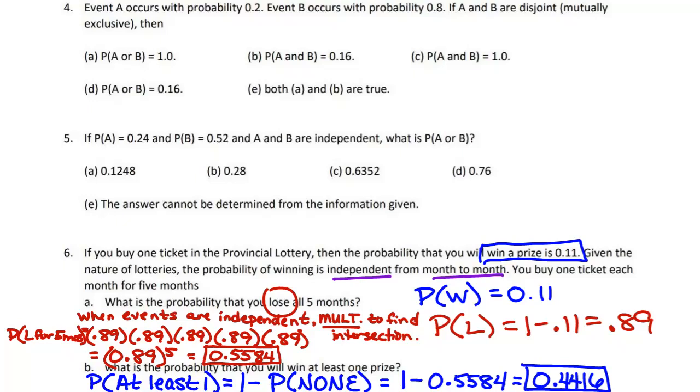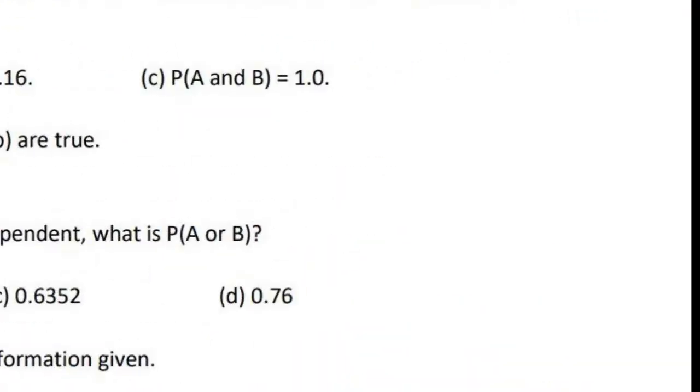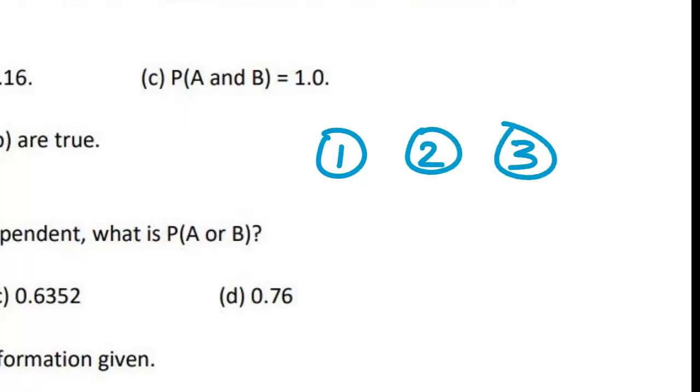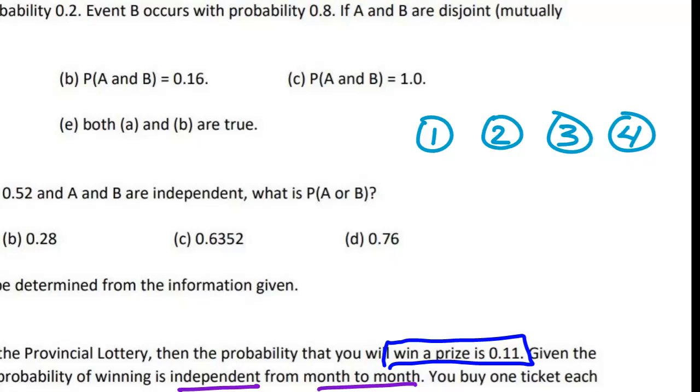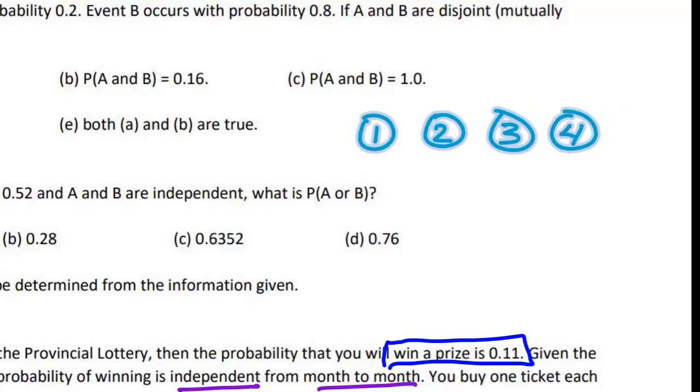No. And here's why. And we're going to learn about this in chapter 6. We only touched on, like, what's the chance that I did this at least once? So out of 5 months, all of the different ways that this could happen.